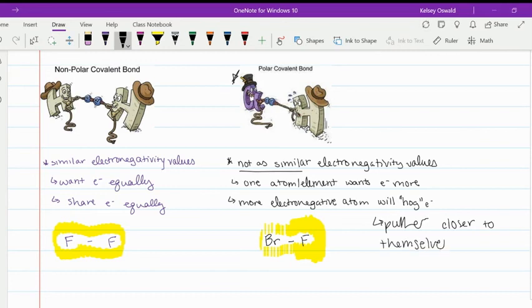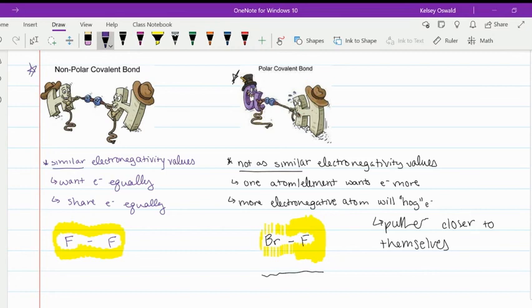Okay, so if we were to look to see what this looks like, here we can see our electron cloud, so how our electrons are distributed between bromine and fluorine. We're going to see our cloud is a lot more dense near fluorine. That's because fluorine is more electronegative, so it's going to pull those electrons in closer to itself, and those electrons are going to spend more time closer to fluorine. However, in our nonpolar covalent, here we have similar electronegativity values.